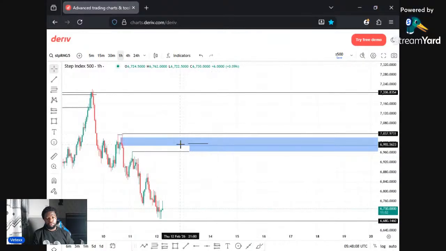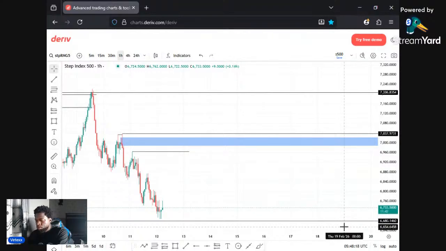So Step 500 is part of our setup. How many setups do we have currently that we are anticipating? V100 didn't come back to our zone, so we are done with V100 for now.